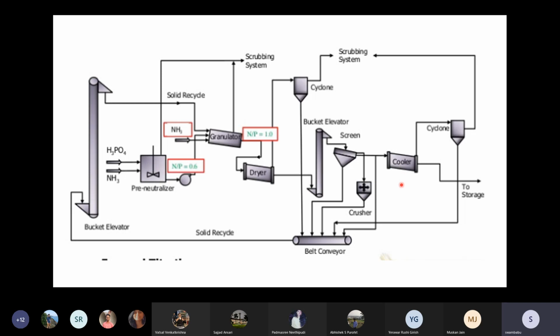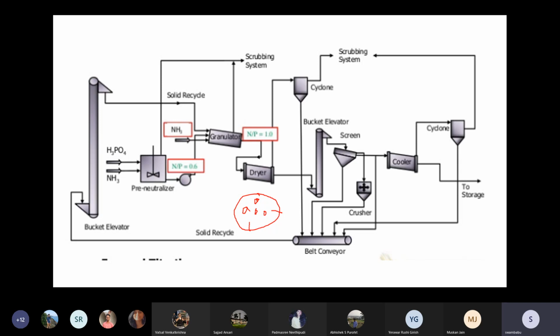So three things can happen during the drying process. As explained, when the drum rotates, the particles tend to fall from the top to the bottom. From the mixing point of view, we have to arrange that, because we are heating with the help of air, and unless you mix it, uniform heating and uniform drying will not take place.